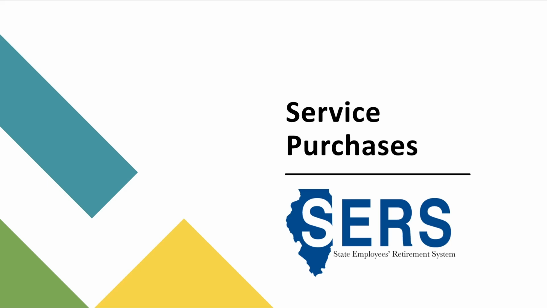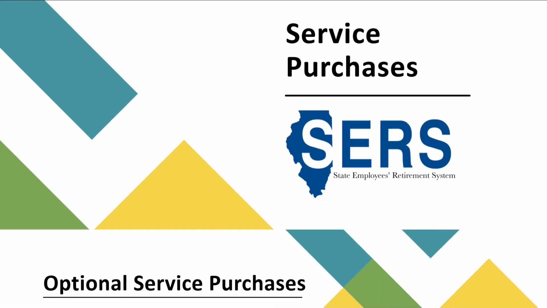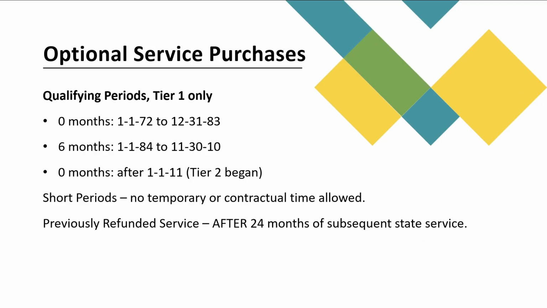Regarding service purchases, optional service purchase is the ability for certain members to buy and add additional service credit to their accounts. You cannot arbitrarily just buy time, but some members may have some time that they worked for the state and did not contribute.